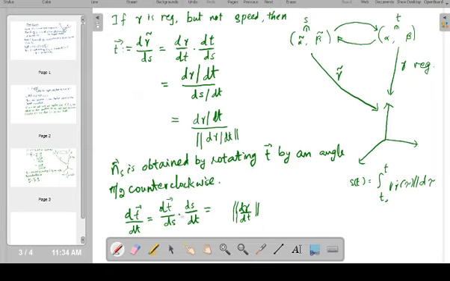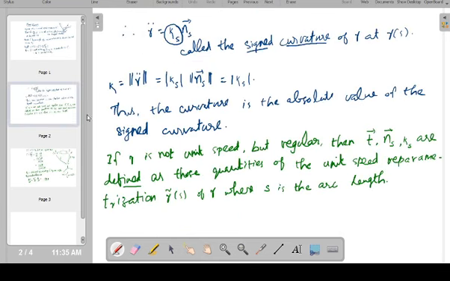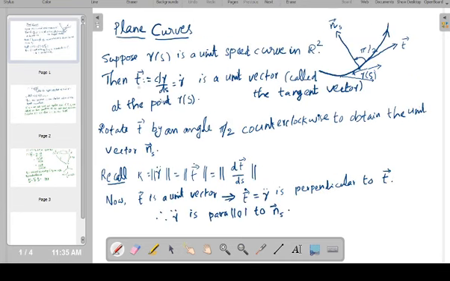Now what is dT by ds? dT by ds is T dot, right? In the previous slide you can see, dT by ds is gamma double dot, where dot represents differentiation with respect to s.